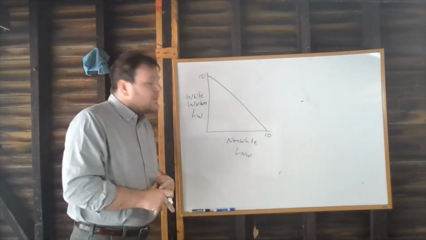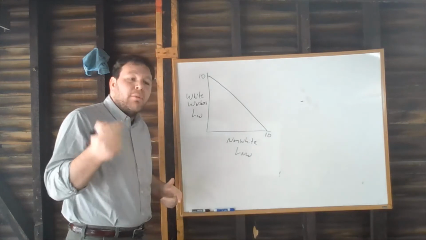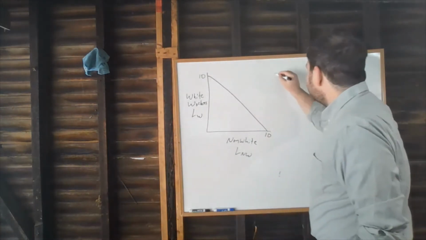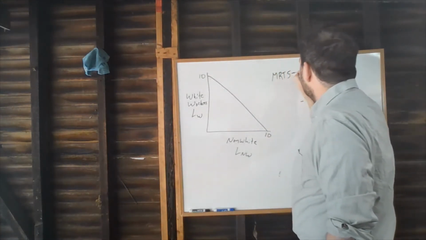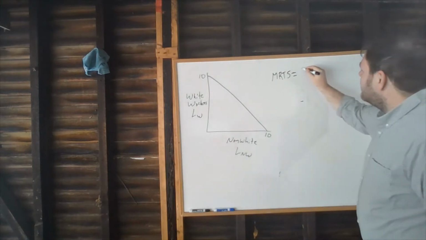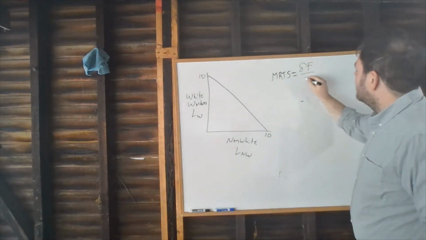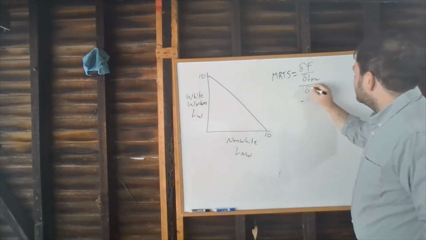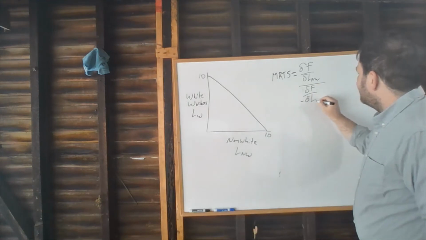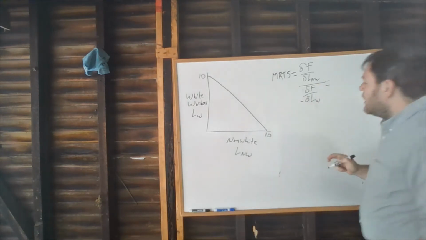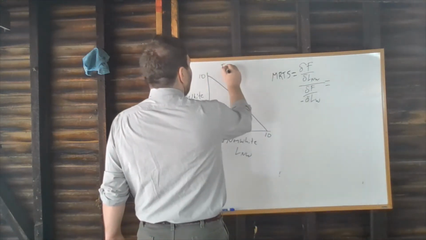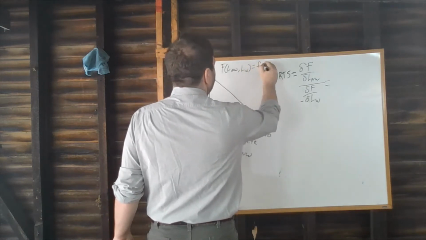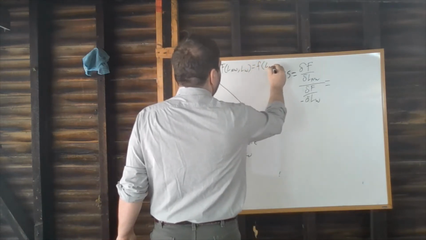And how do we know this? We know this has to be the case because when we calculate our marginal rate of technical substitution, this is going to come right out of the chain rule, right? So we'll say MRTS is going to equal dF/dLNW over dF/dLW, right? And we know, just to remind you, that F of LNW, LW is just some little f of the two added together, right?